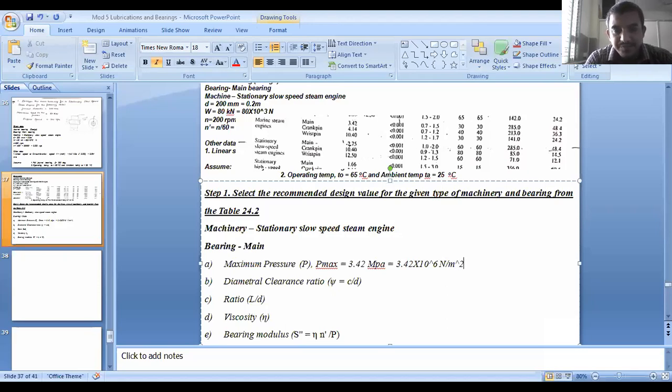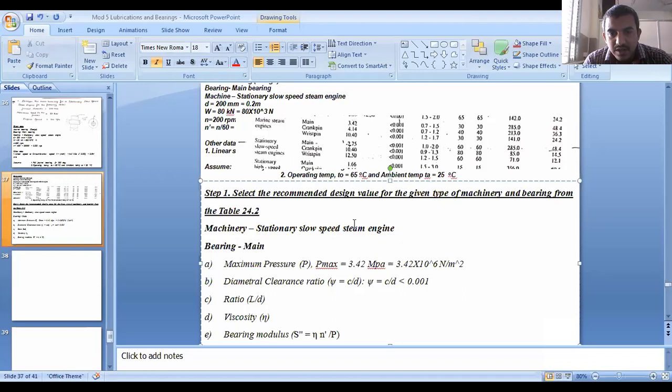Is it right? Next, diameter clearance ratio, xi is equal to C by D. What is the value given? Less than 0.001.